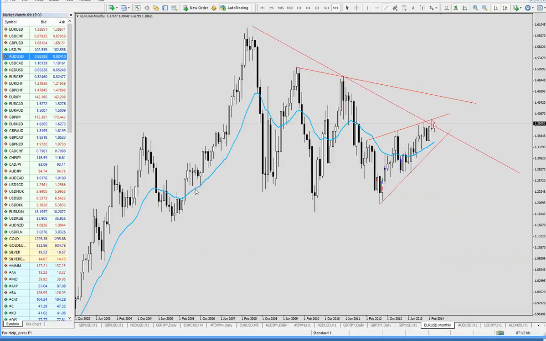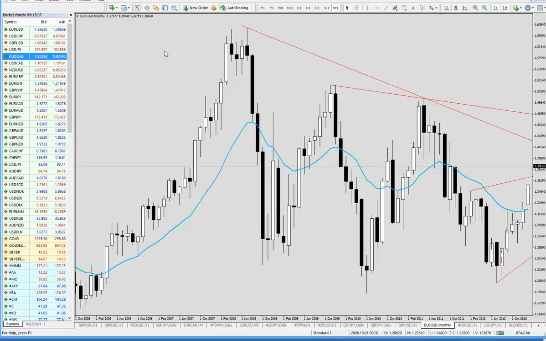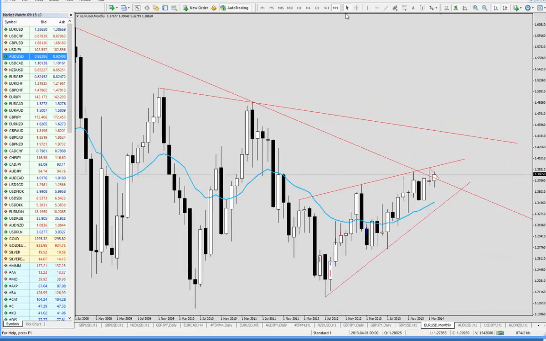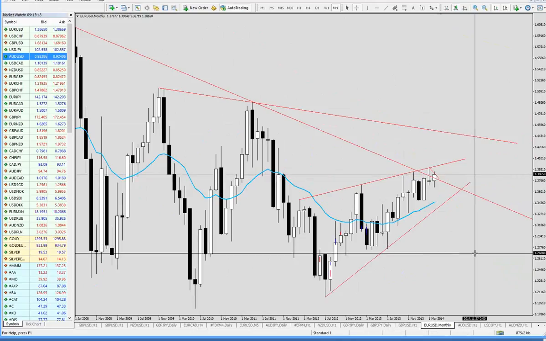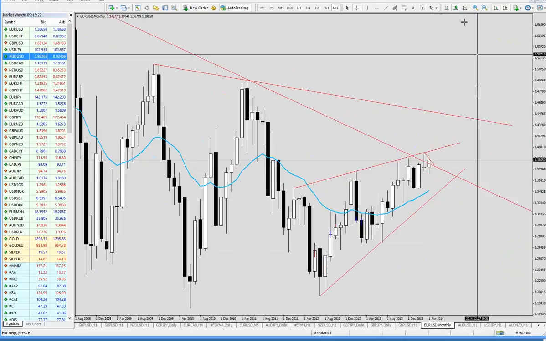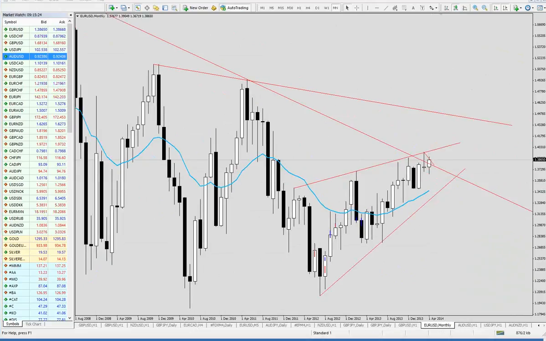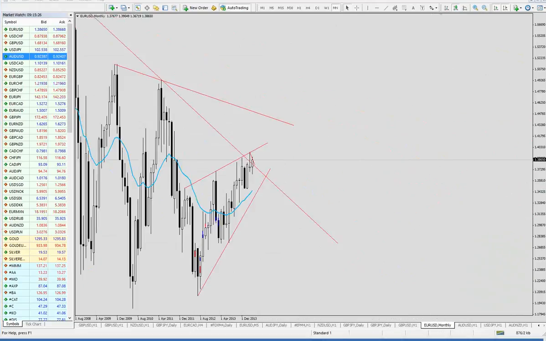We can try to draw this line. So in that case, it's a 38. Okay. So this line is 38. One moment.